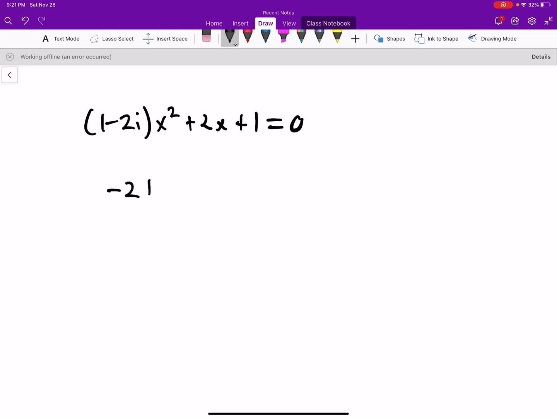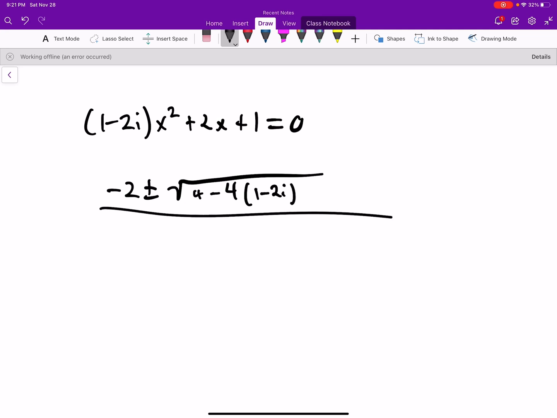So -2 plus or minus the square root of 4, that's 2 squared, minus 4a, 1 minus 2i, c is just 1, I'm going to leave it out, all over 2a, so 2 minus 4i.